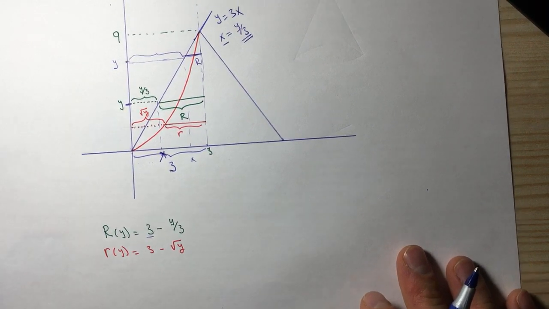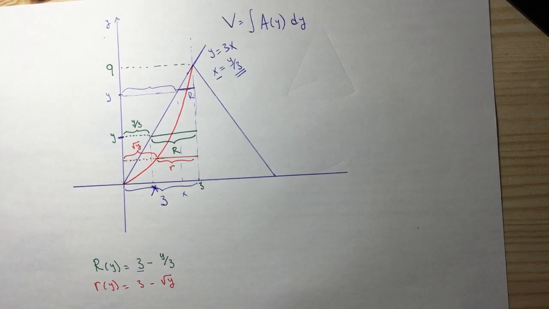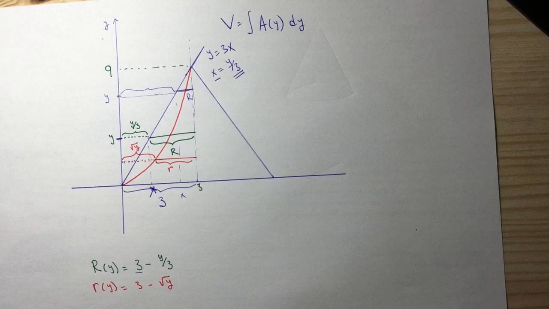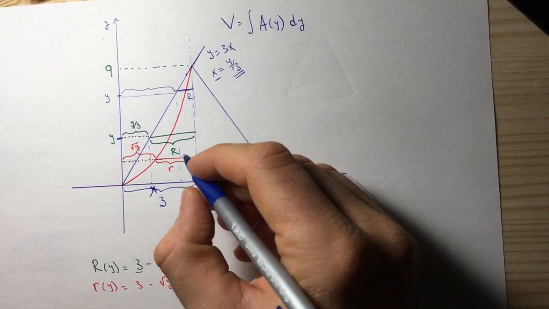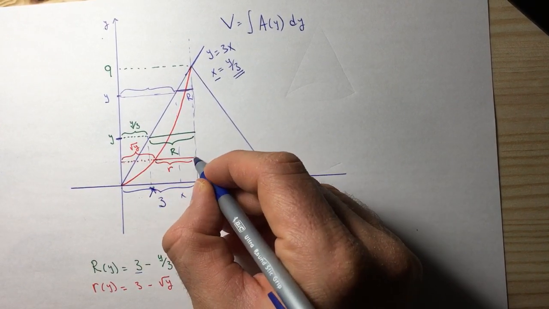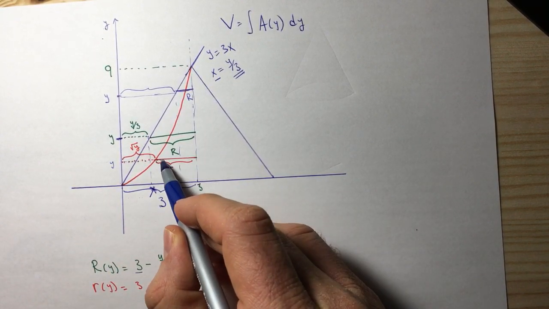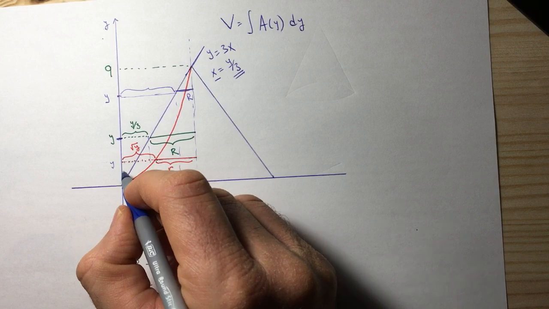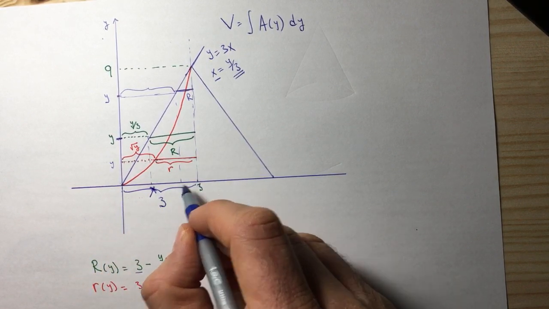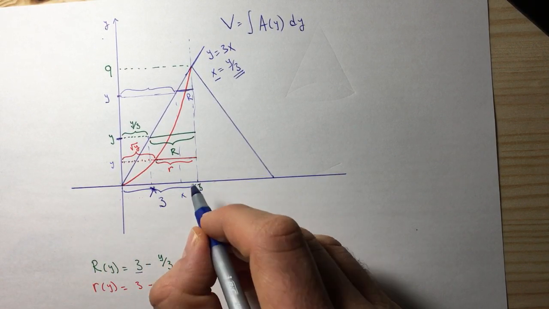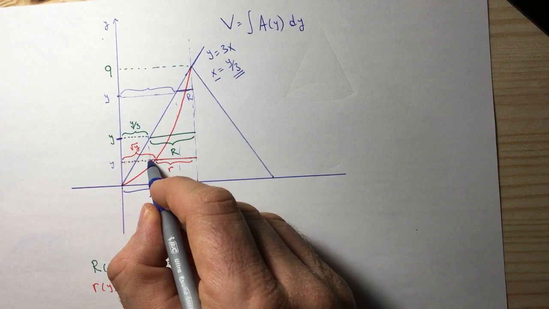By the same logic, we find the small r. Again, we measure the radius from the axis of rotation to the inside bound of the washer, right? So this is going to be the small radius for, let's say now, this y. This is constant 3 from the origin to the axis of rotation. The question is, how much is this distance?